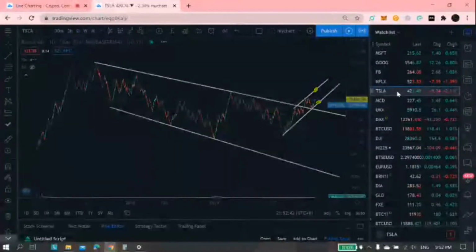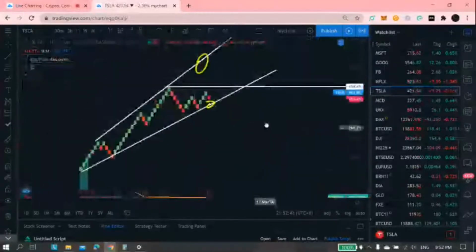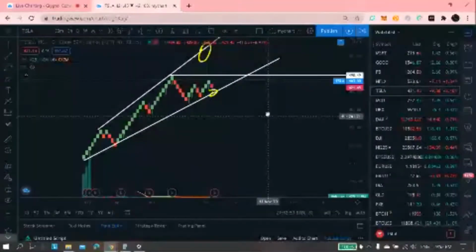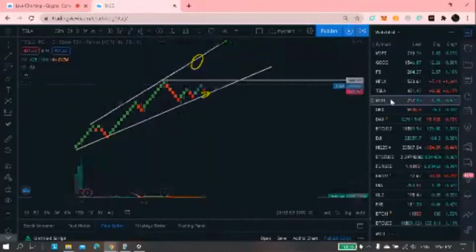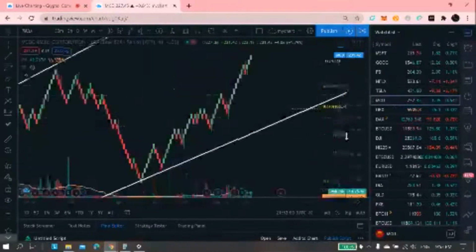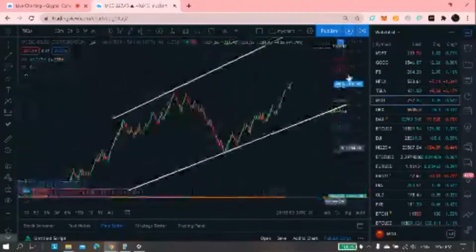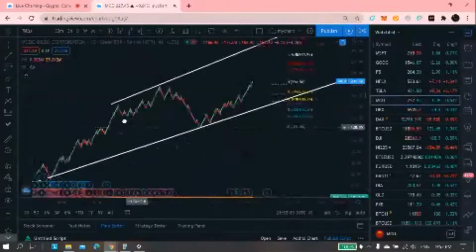It's actually more on a bearish side and could possibly retest around the 400 area. So yeah, I think I'm done with it. The last one that I analyze is McDonald's.